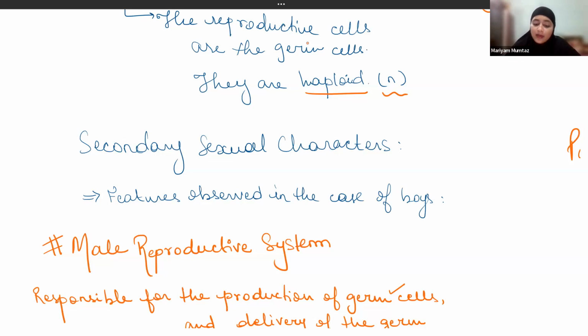With age, when they start reaching that age, there is a development of their sexual characters and of their secondary sexual characters. Secondary sexual characters refers to all those characters that you can easily see. You can easily tell what is changing. It is something that is leading towards maturity.